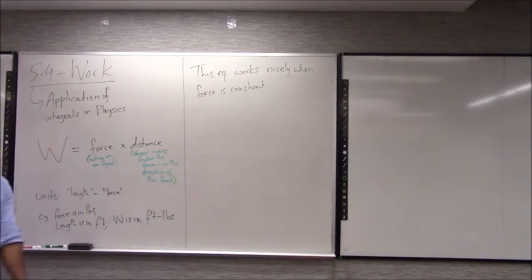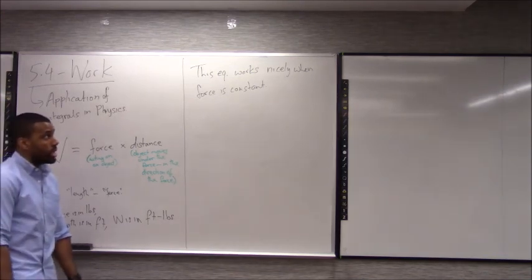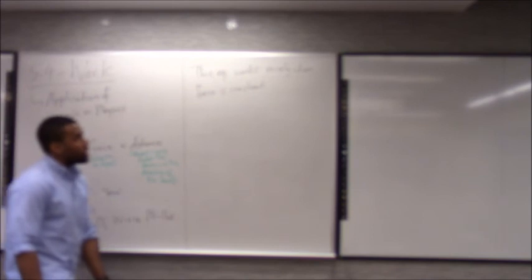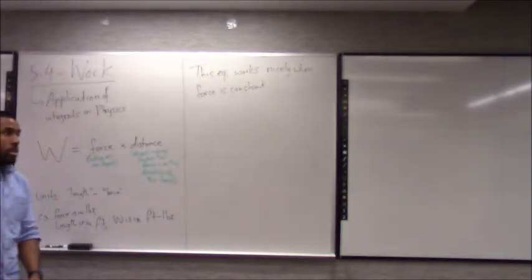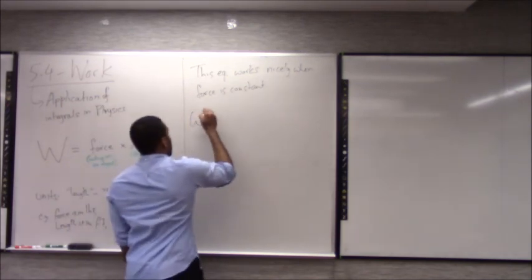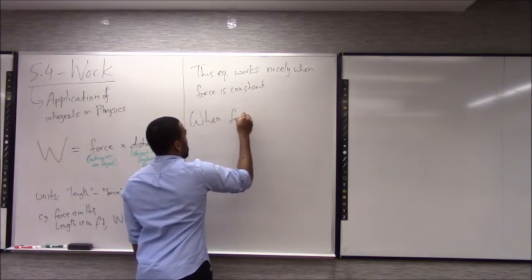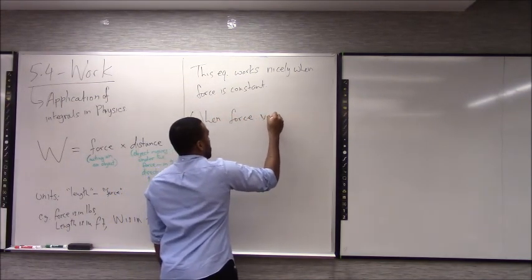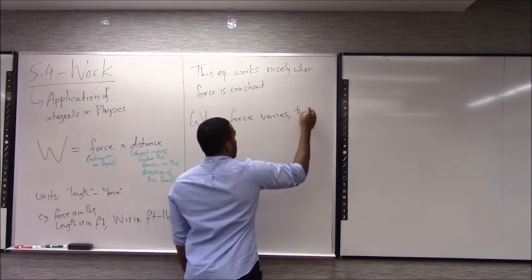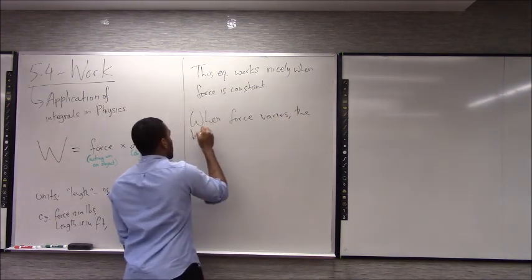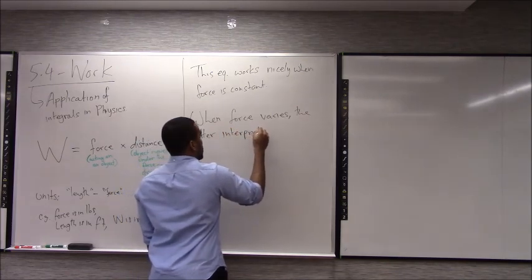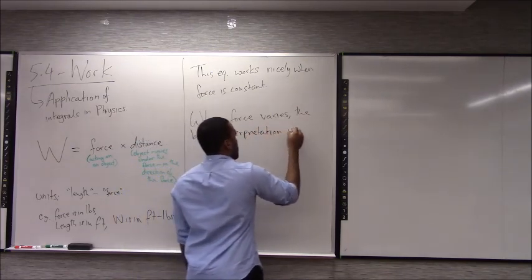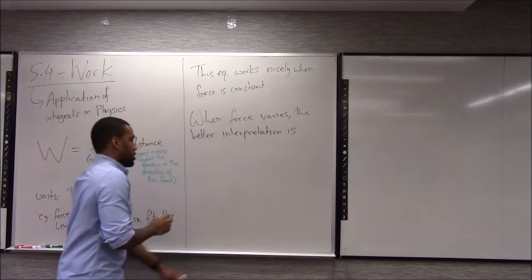So I'm just going to take 10 times whatever distance I'm moving it, and you can just do this times that. Now where it gets interesting is when the force itself is actually a variable. That's where the integration comes in.